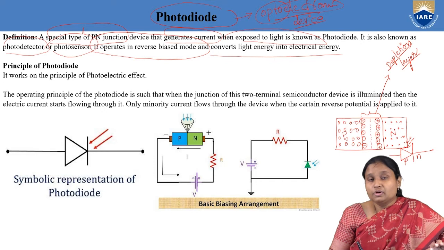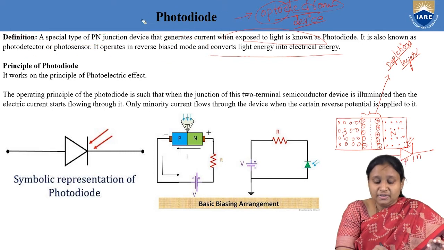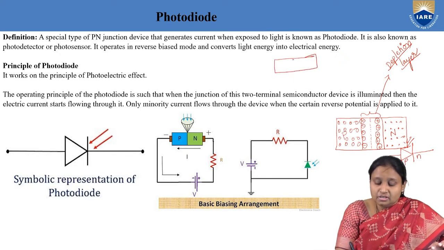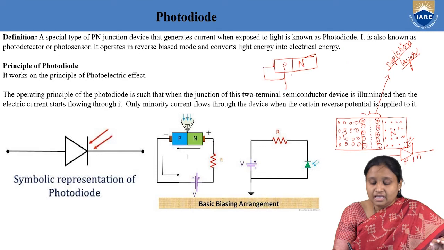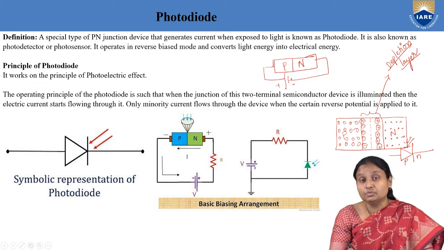First, when we talk about forward bias, we take a PN junction. What is biasing of a diode? Biasing is nothing but applying an external voltage.